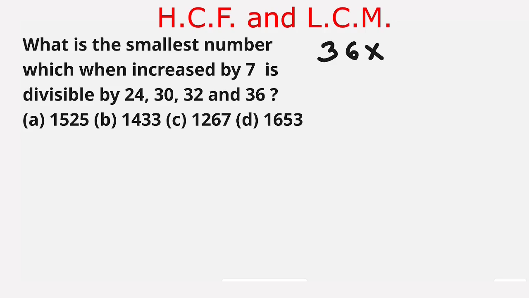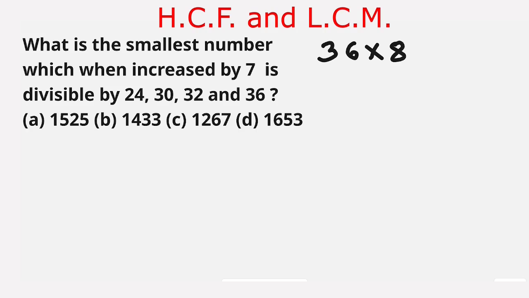And the next number is 32, which is 4 multiplied by 8. 4 is already included in 36 and 8 is not included in 36, so we multiply by 8. Now 36 multiplied by 8 includes 36 and 32. Now 24. 24 is 6 multiplied by 4. 6 is included in 36 and 4 is included in 8. So 24 is also included in this.